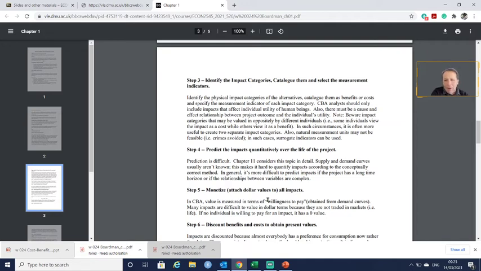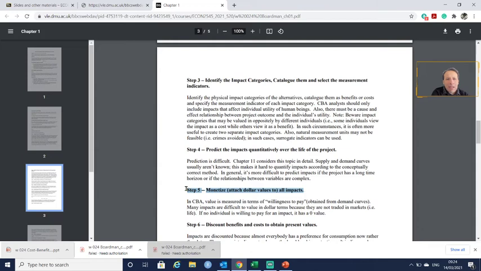Step number 5 is to monetize, attach dollar values to all impacts. In CBA, the value is measured in terms of willingness to pay, which is obtained from demand curves. This is difficult, as many impacts are difficult to value in dollar terms because they are not traded in the markets.